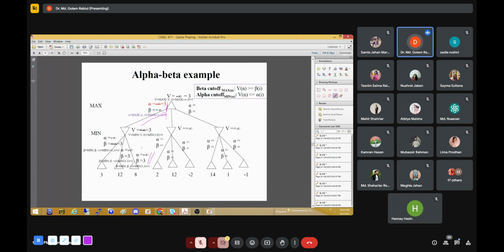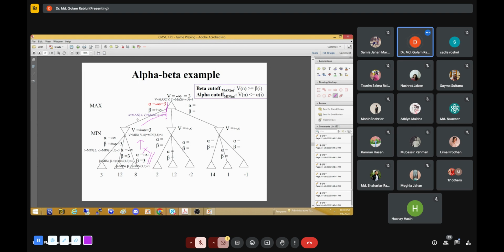So alpha and beta values we cannot move in the upward direction. Alpha beta we can only move in the same level of the same branch, and also we can send the alpha beta values downwards.